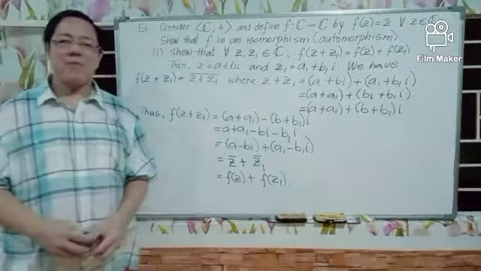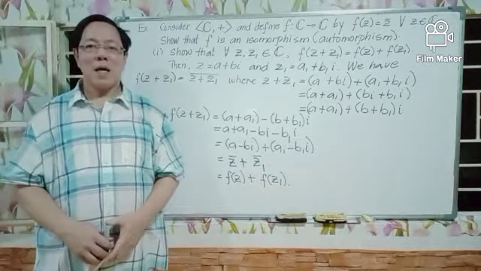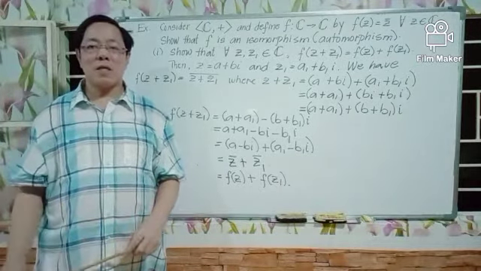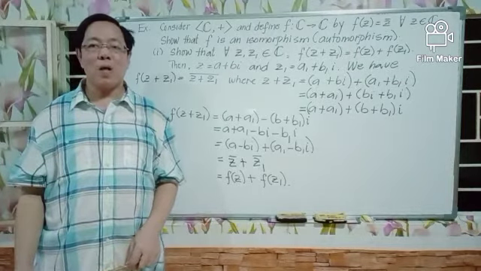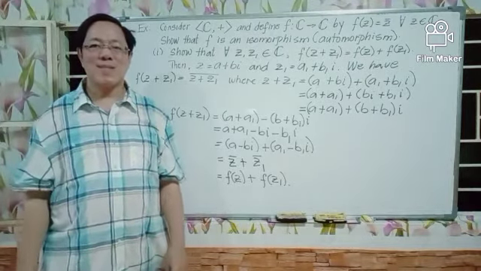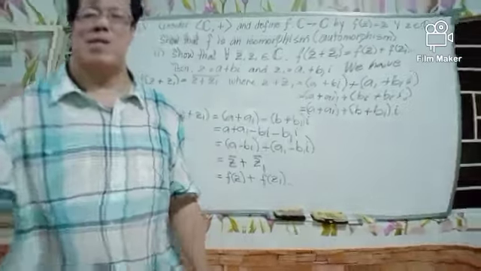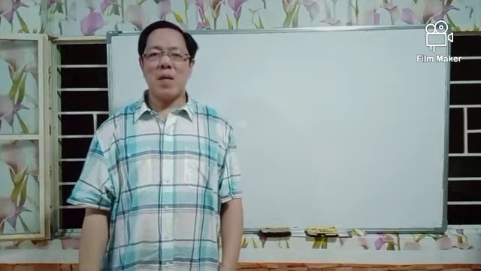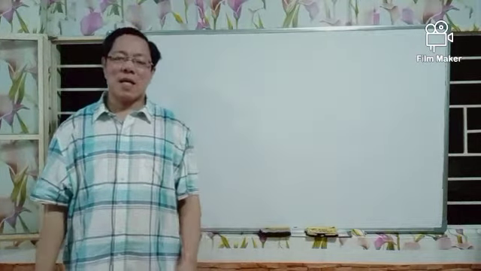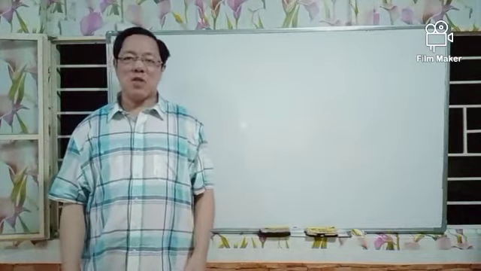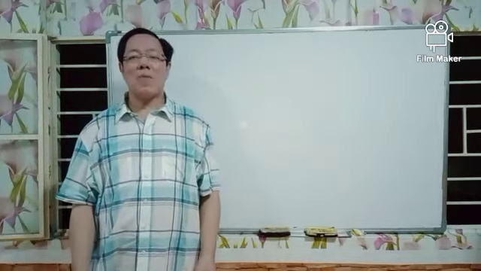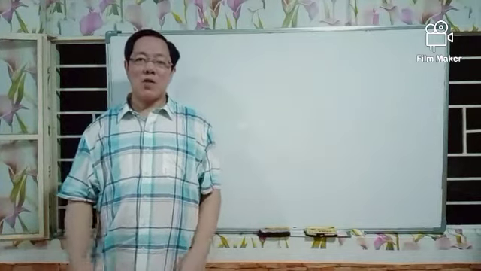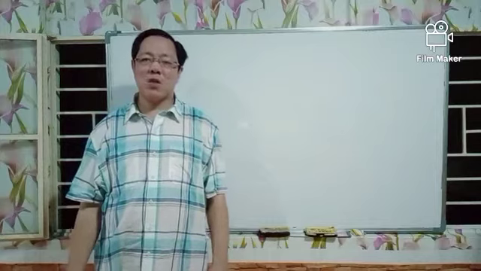Now we show that the function f is a bijective function, that is, it is both one-to-one and onto. We now show that the given function f from the set of complex numbers to itself is a bijective function, and we start by showing that f is a 1-1 function or injective function.